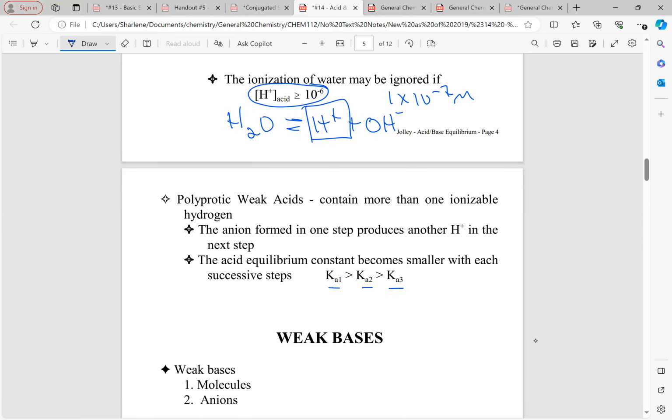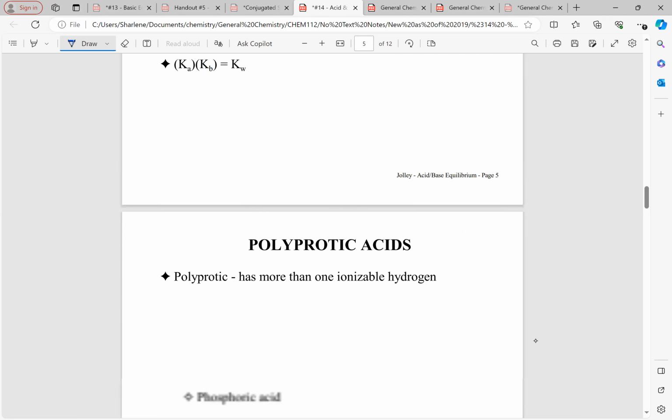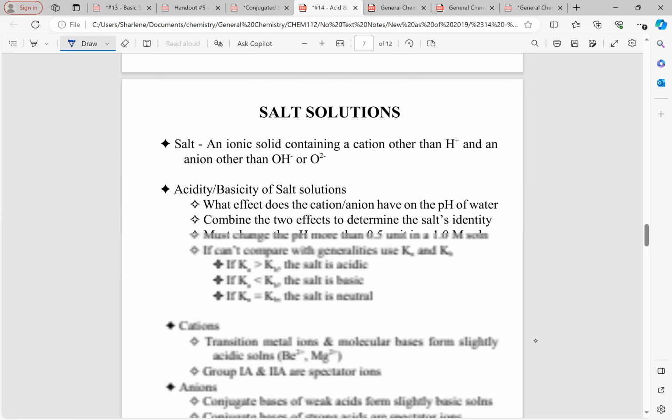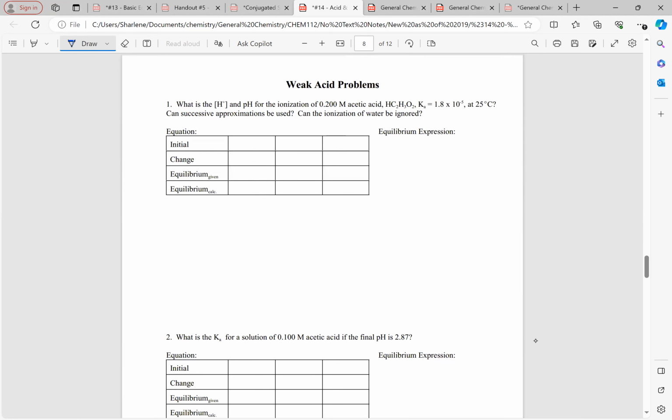Okay, and we'll play with those in just a minute, but all the calculations we're going to do right now is for monoprotic. So I give you a whole bunch of practice problems, and we are going to work through those now.